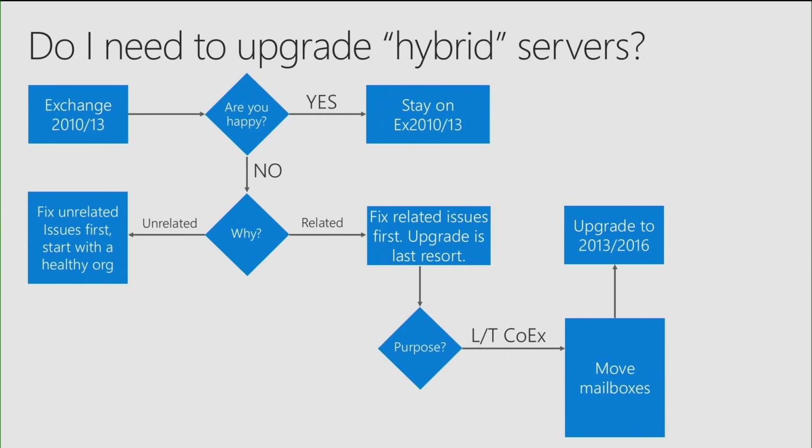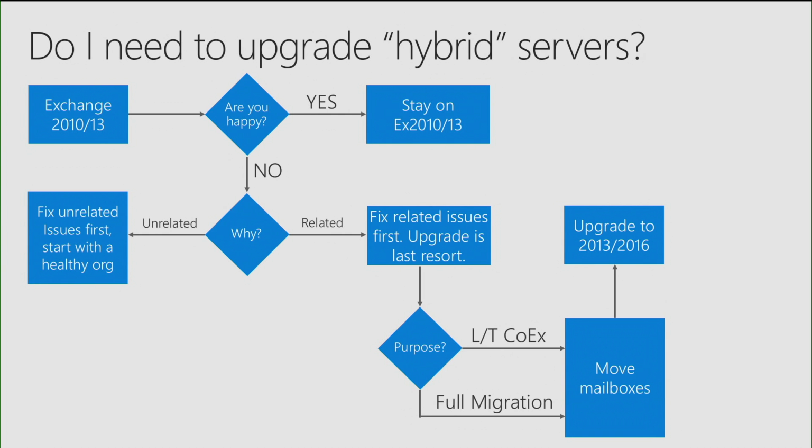Again, get those mailboxes up there, get your users to a happy place, taking advantage of the functionality that's available as part of Office 365, and then at your leisure, go ahead and upgrade those servers to manage whatever the issue was that's requiring the upgrade.